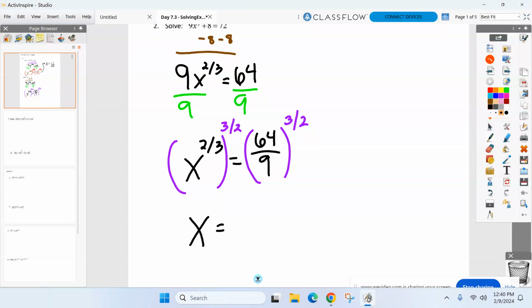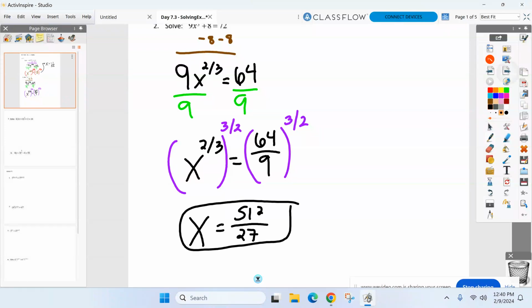Ask me now if there's calculator issues. How about 512 over 27? 512 over 27 for x. Anybody having any issues before I move on?